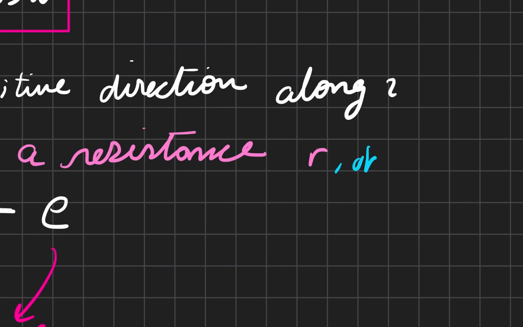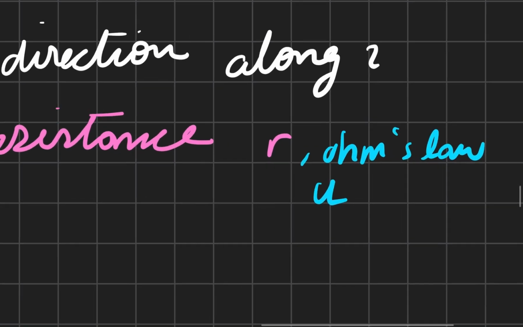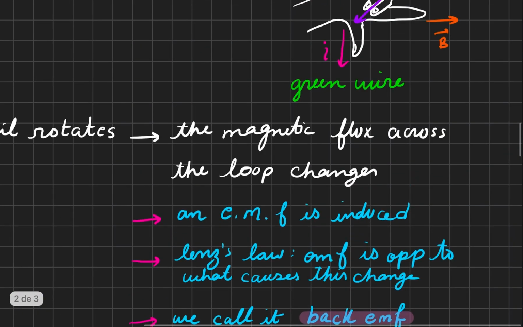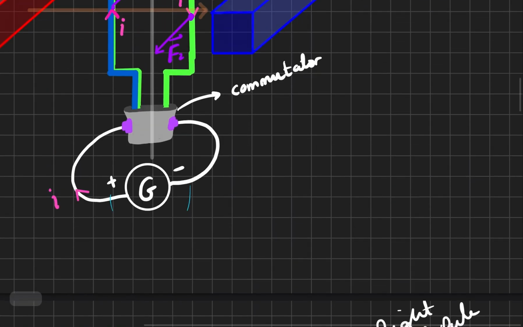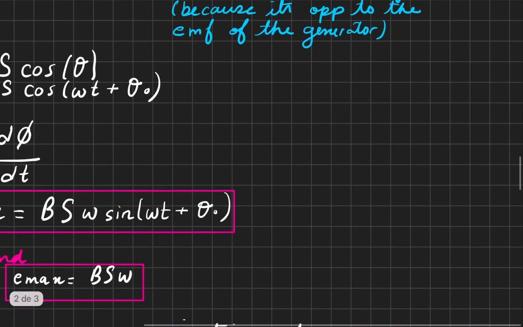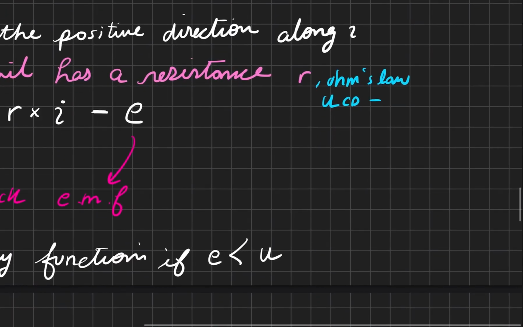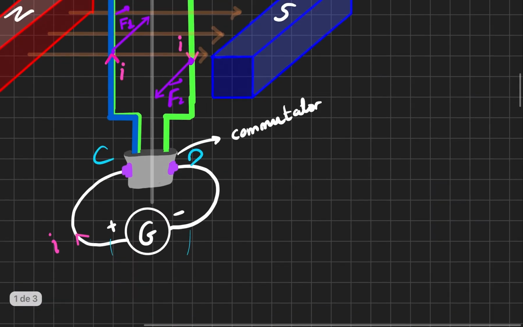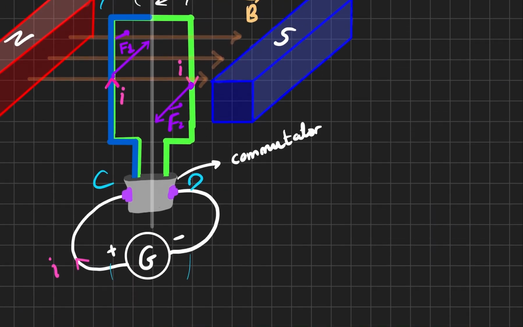U of the coil, or U CD. Let this be C and let this be D. So U CD would be equal to R multiplied by I, right? It should be equal to the current I multiplied by the resistance of this coil.